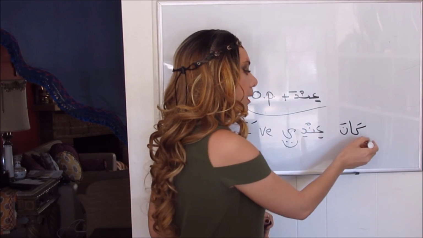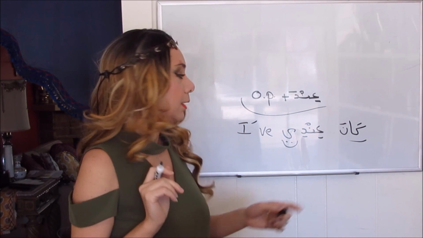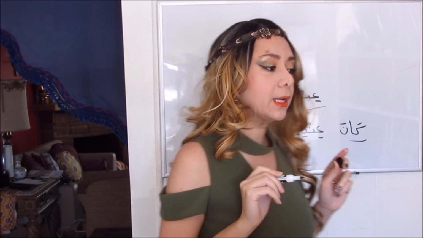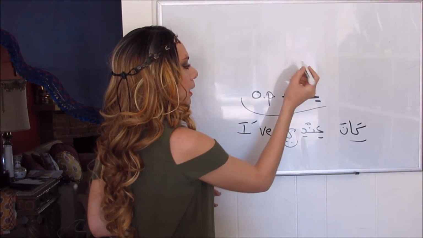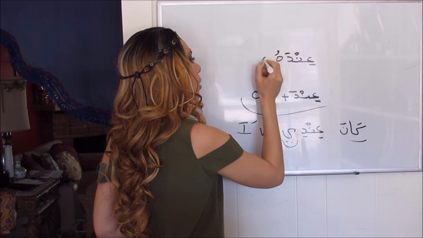So it will be in the third person singular. هو, he. كان عندي, I had, is to refer to the verb have in the perfect. كان عندي, I had. كان عنده, he had. So لو كان عنده مال كثير. When I say عندي, عنده مال.